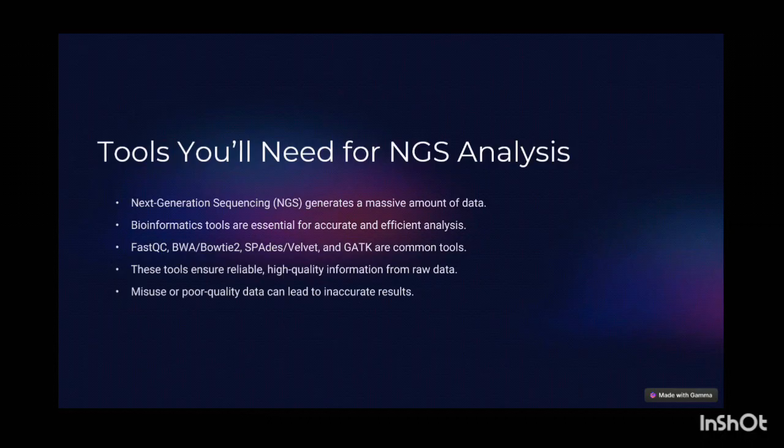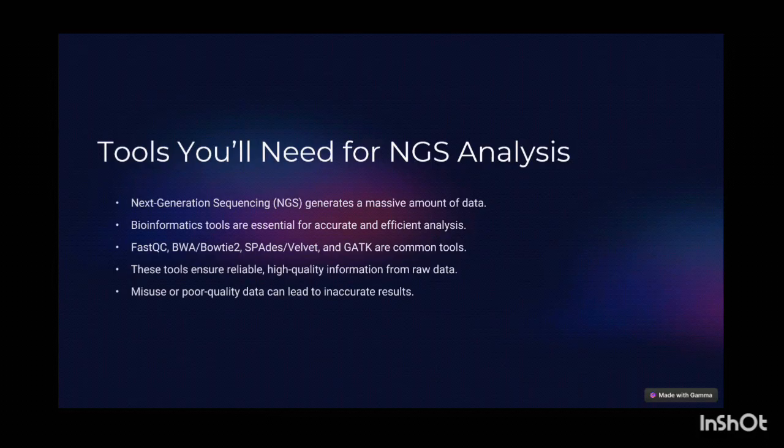Think of FastQC as the first line of defense in your analysis workflow. Before diving deep into the data, FastQC assesses the quality of your raw sequence reads. It evaluates whether your reads are reliable and free of errors that might compromise the downstream analysis. If we start with poor quality data, our results will be poor, so FastQC ensures we are working with the best possible data.